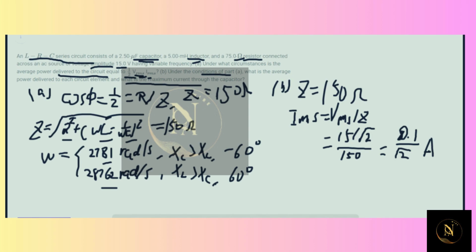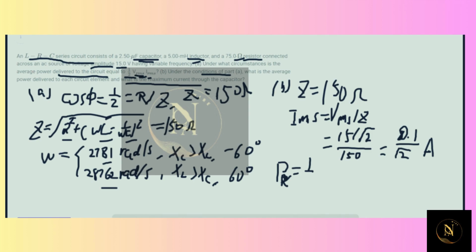And the power delivered on the resistor, P_R, is also equal to the total power, because the capacitor and the inductor do not consume power.